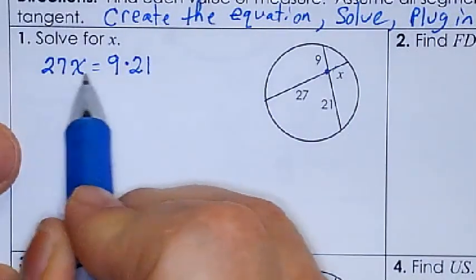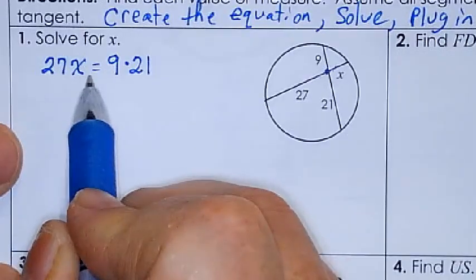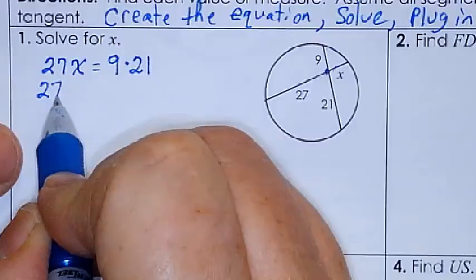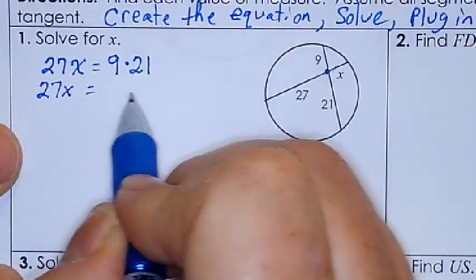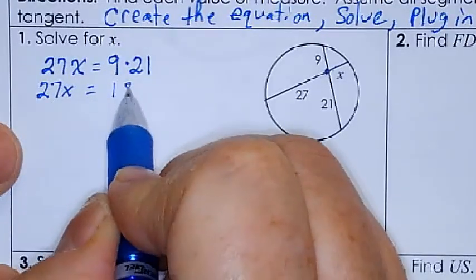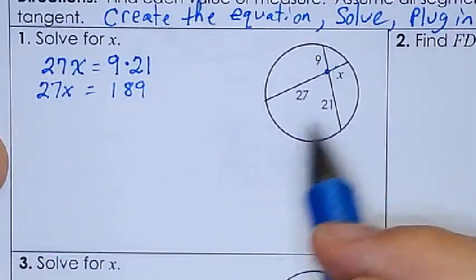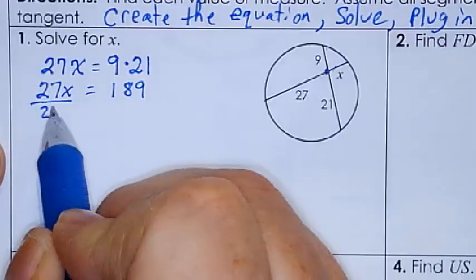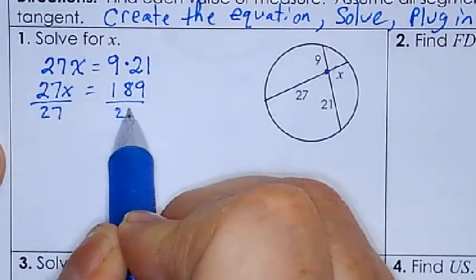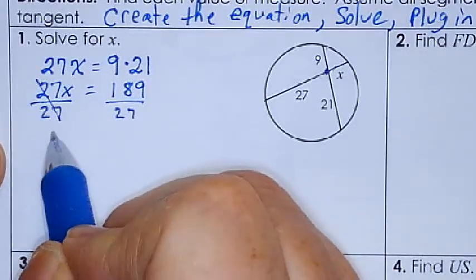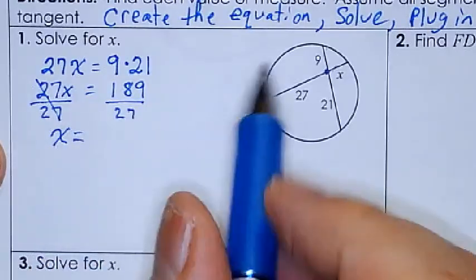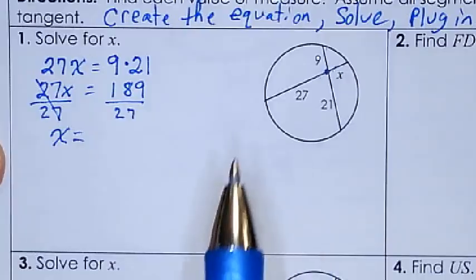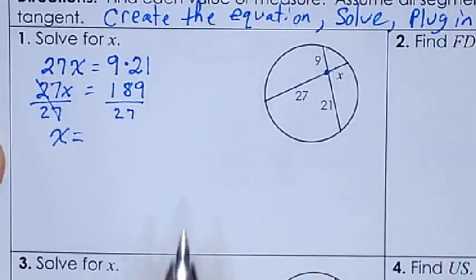Then to solve, I guess you can use a calculator and go multiply 9 times 21. Then solving equations, just divide both sides by what? So x equals, and they're only asking you to find x.